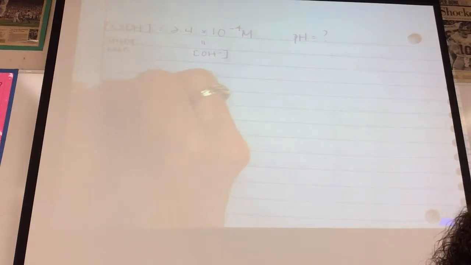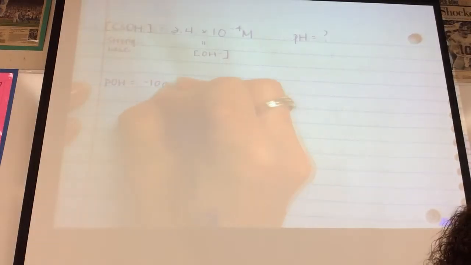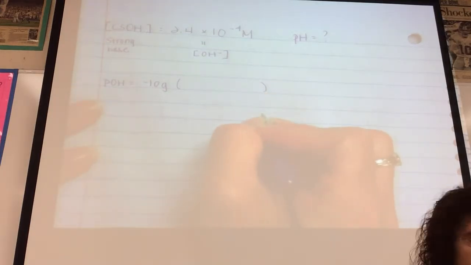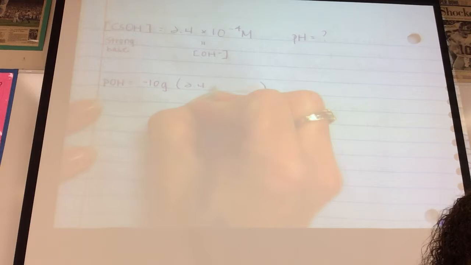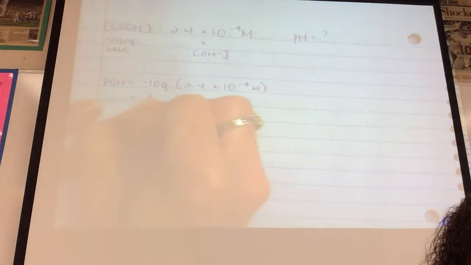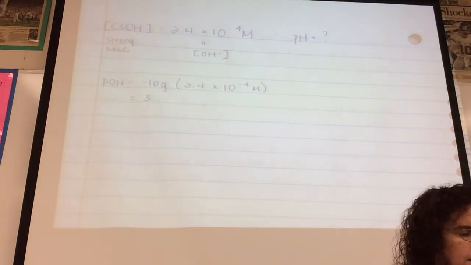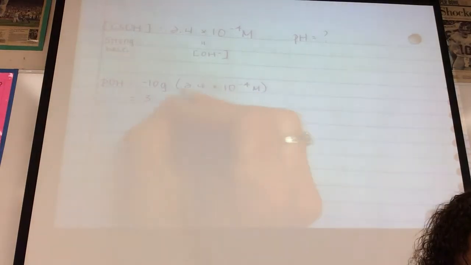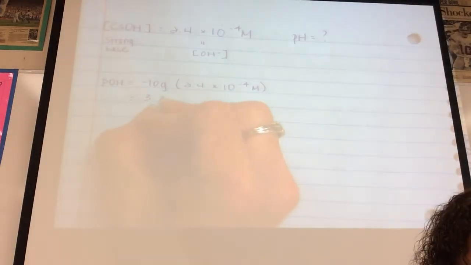So POH would be equal to the negative log of what? 2.4 times 10 to the negative 4 molar. The POH is going to be 3 point something. 3.62.